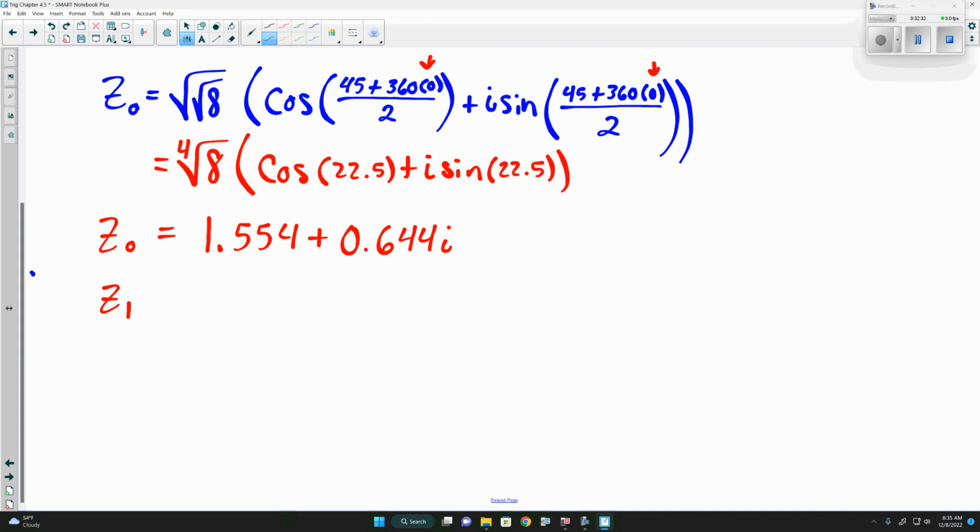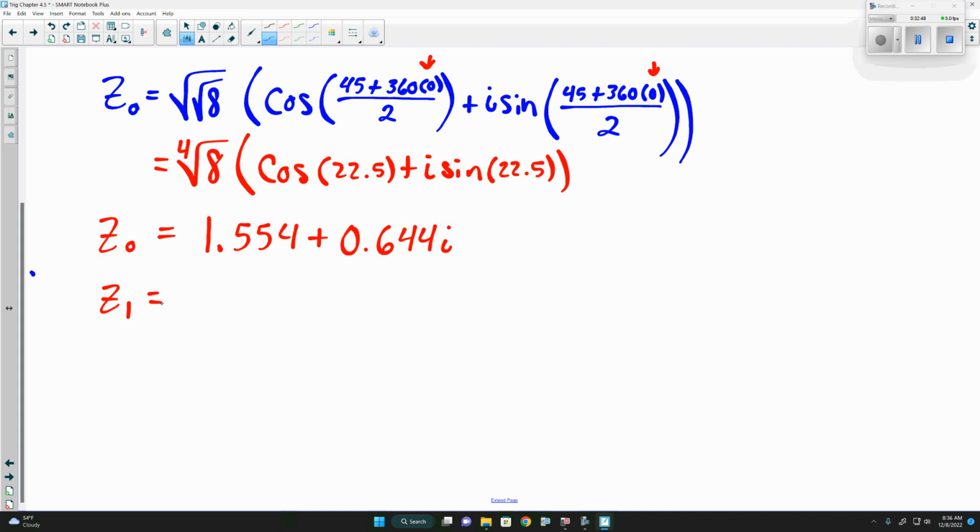Because we could go back through and rewrite back out for Z1. The 4th root of 8 cosine of 45 plus 360 times 1 over 2. Plus I sine of 45 plus 360 times 1 over 2. And then simplify.